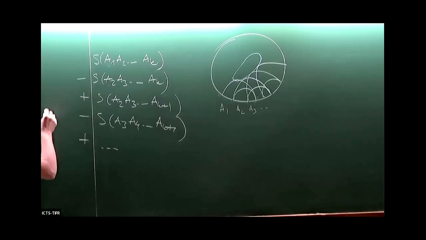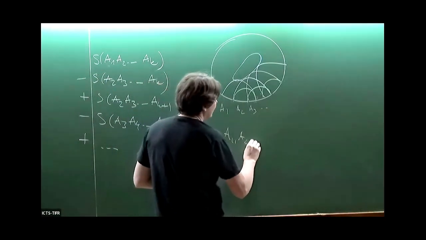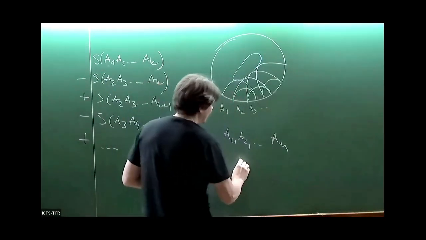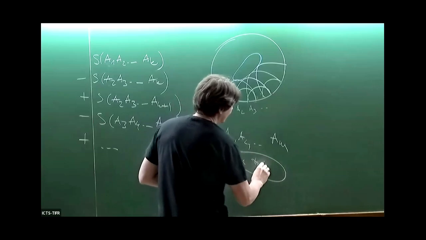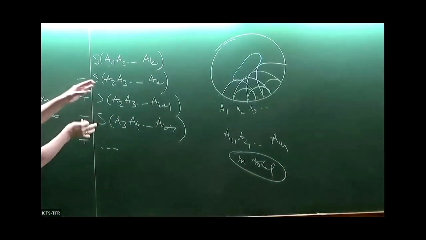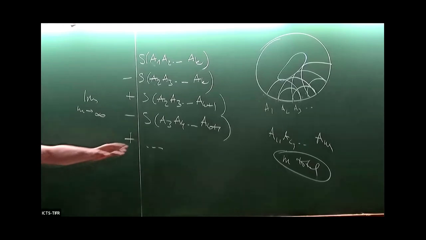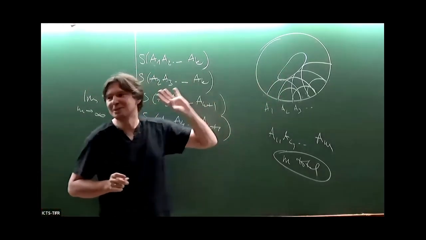There's a total number of regions, A1, A2 through AM, M total. And the idea is that the limit as M goes to infinity of this thing will be that thing. And all these boundary intervals have the same size. They don't have to, but the sizes are somewhat related to what curve I'm talking about.